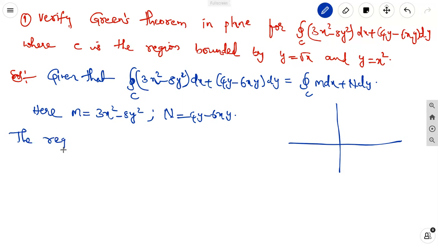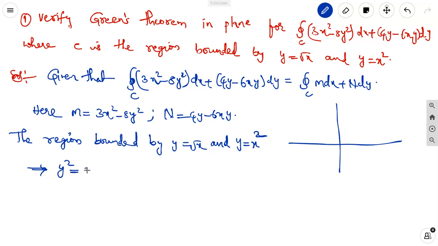The region is bounded by y = √x and y = x². Squaring both sides of y = √x, we get y² = x, and the other is y = x².